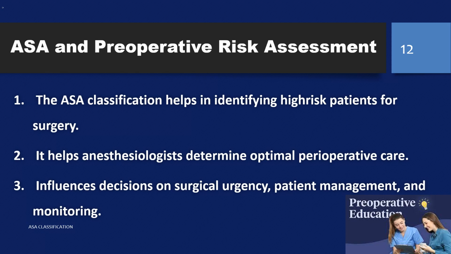Monitoring and interventions: the ASA classification guides decisions on the level of monitoring and interventions required during surgery. The ASA classification plays a critical role in preoperative risk assessment, enabling anesthesiologists to identify high-risk patients, determine optimal perioperative care, and make informed decisions about surgical urgency and patient management.